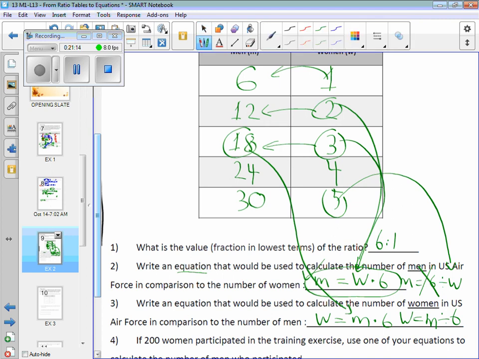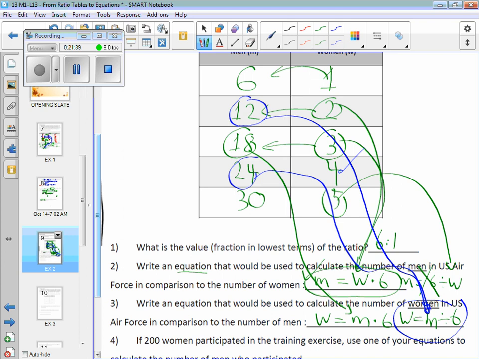I want to choose a different color. 12, I'm going to substitute it in. Ready? 12 divided by 6 is? Looks like it's going to work. Give me another value. 24 divided by 6. The equation is good.